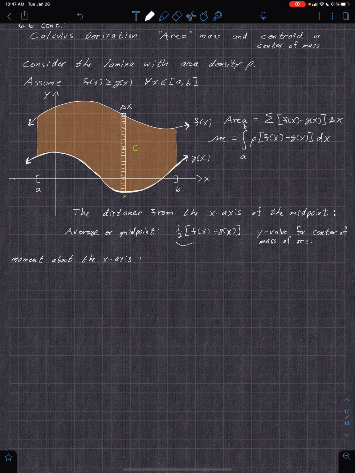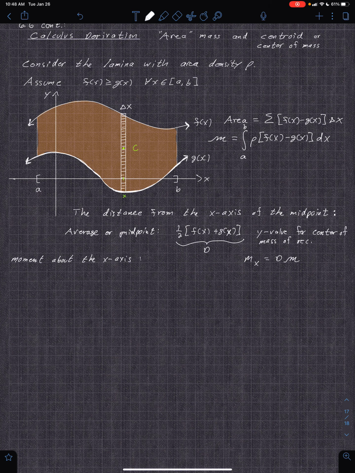So this is like your distance d. So the moment about the x is the distance d times your mass. So that looks like this.